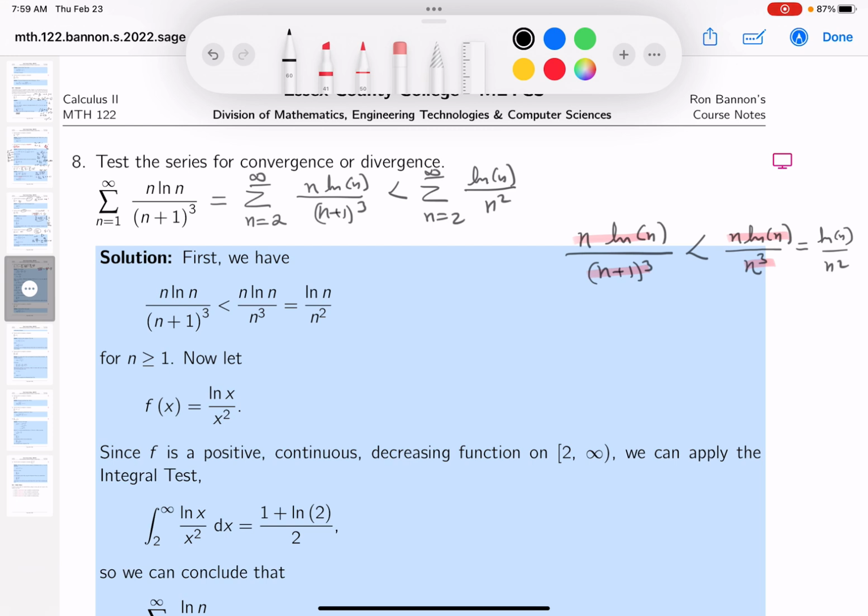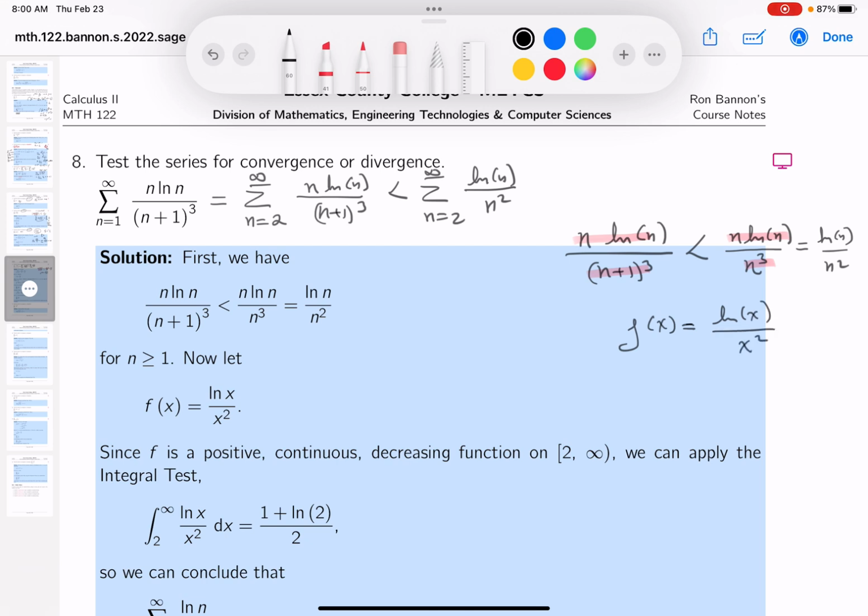All right? So I got that covered, and my issue right now is what do I do with that guy over there? There are certainly a lot of things you could do, but it looks like I could do this by integration. So what I'm going to claim is f of x is equal to the natural log of x over x squared.